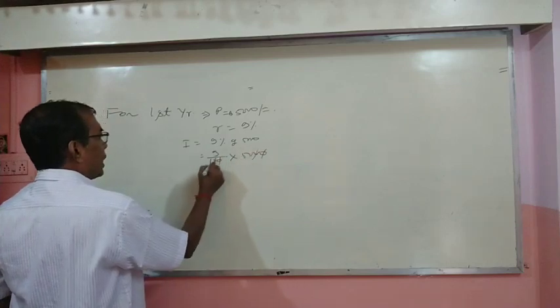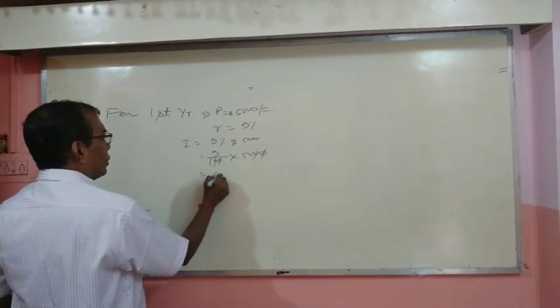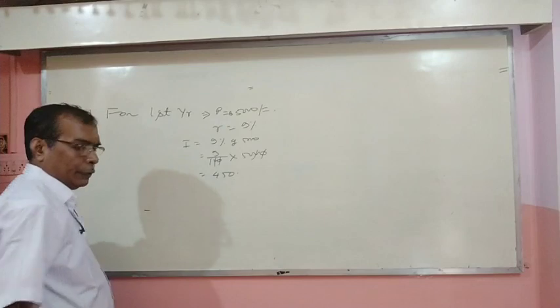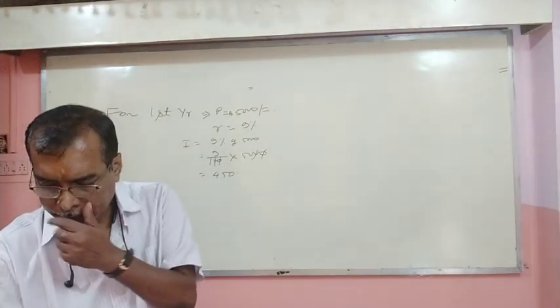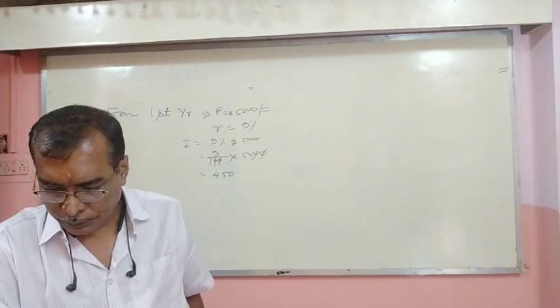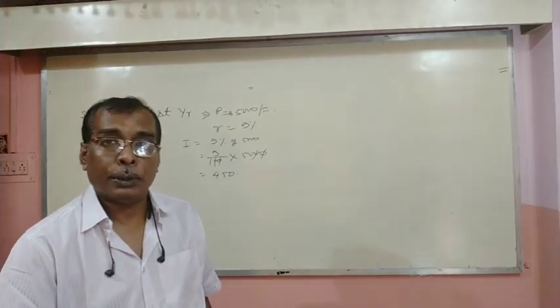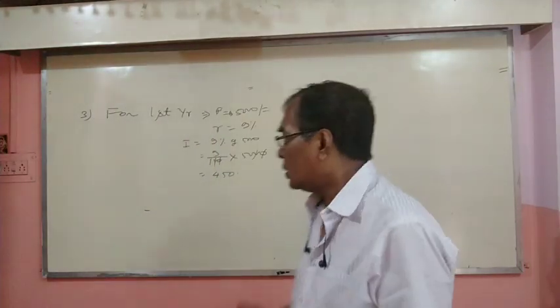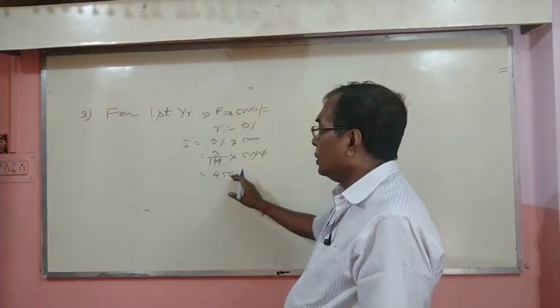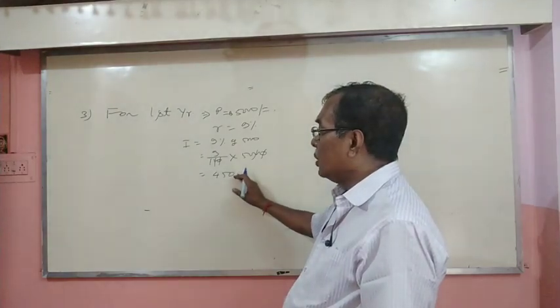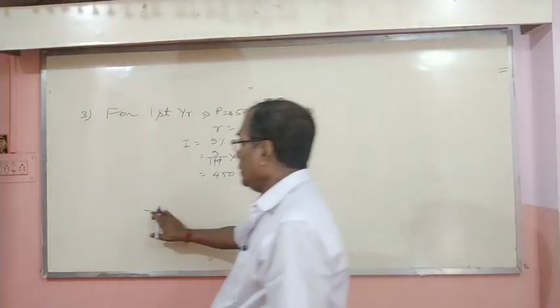The zeros get cancelled. 5 nines are 45, so 450 rupees. At the end of the first year, 450 is the interest.